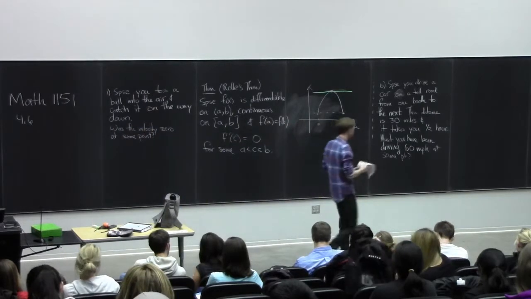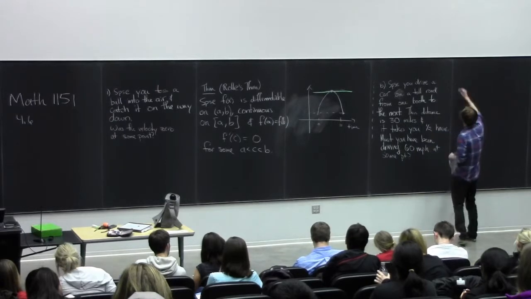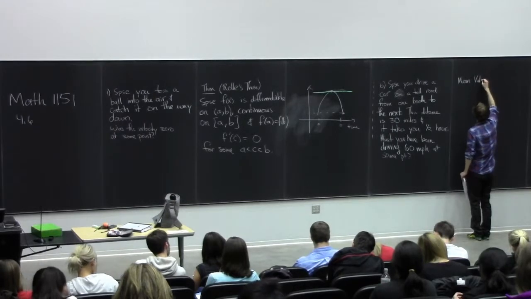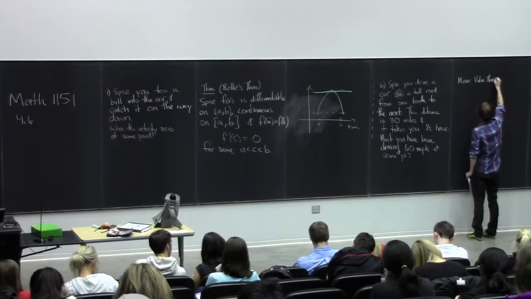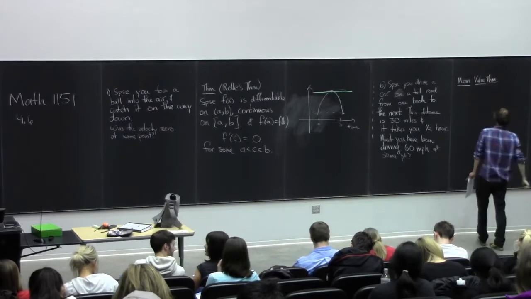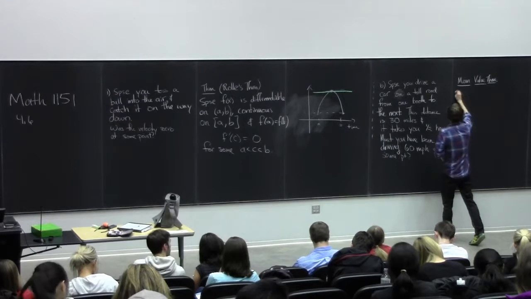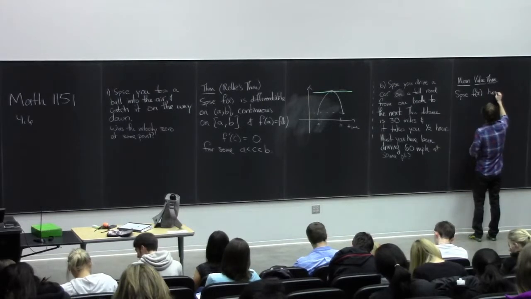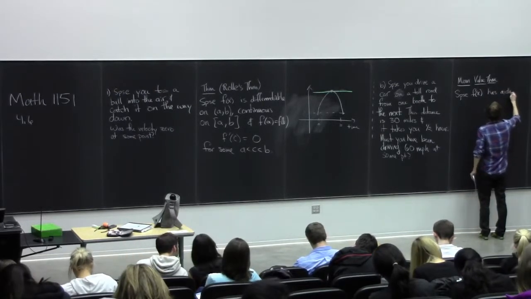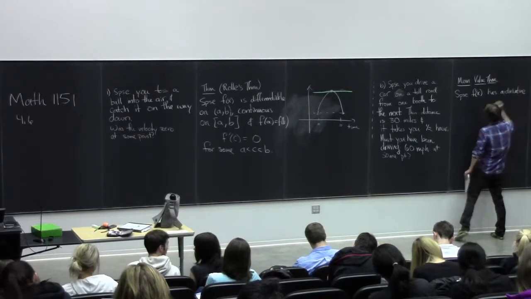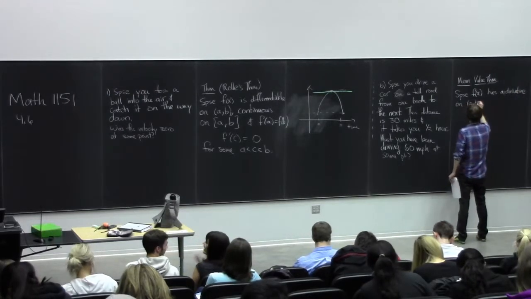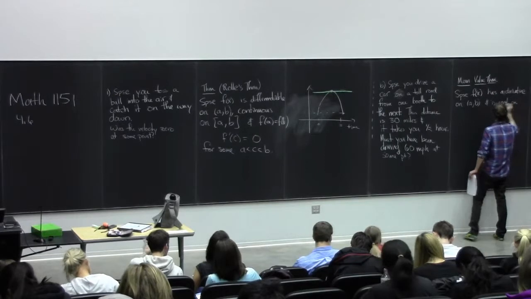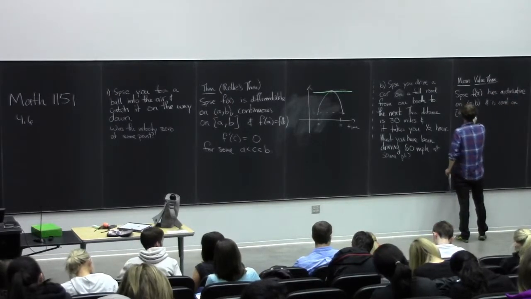All right. So this corresponds to what's called the mean value theorem. This is our next value theorem. So suppose f of x has a derivative on the open interval (a, b) and is continuous on the closed interval [a, b].